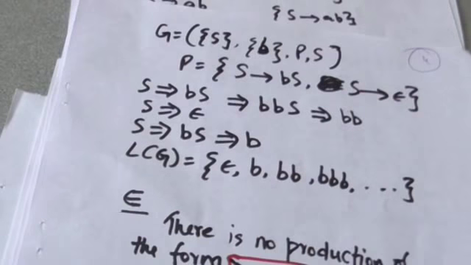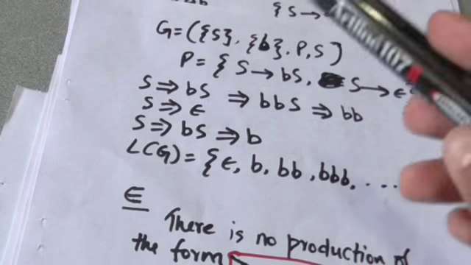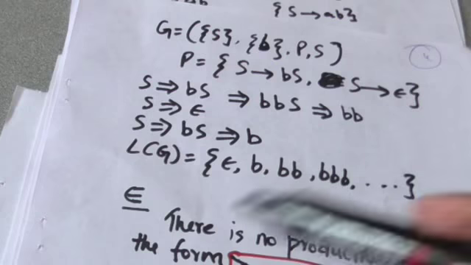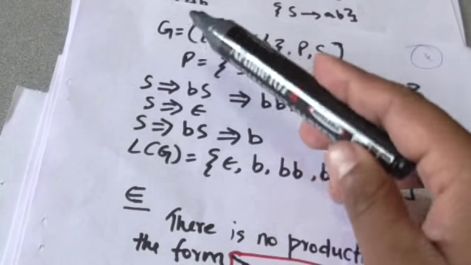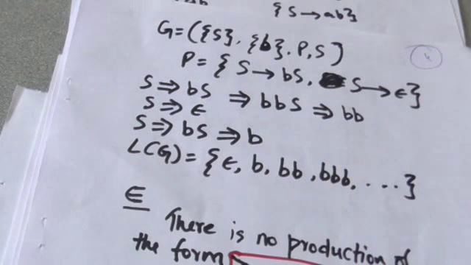Now let us see what types of strings can be derived from this grammar G. It means we have to find the language of this grammar G.